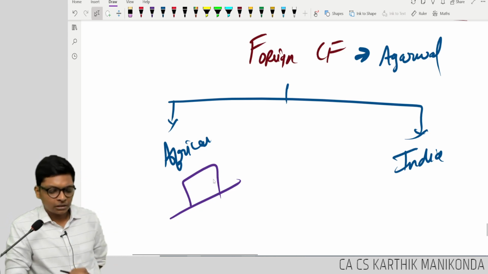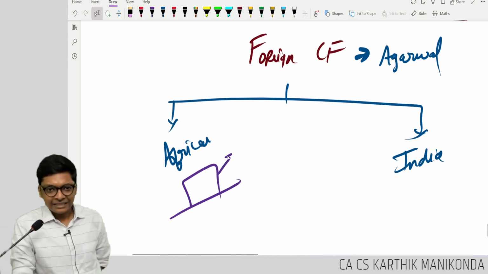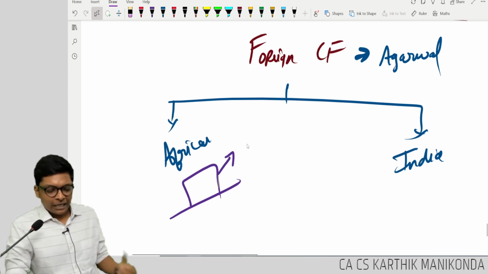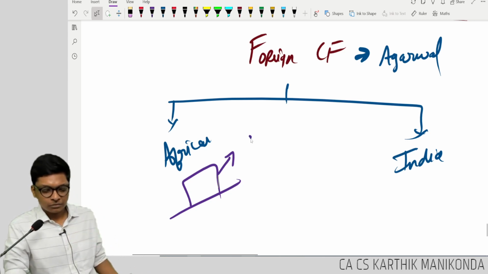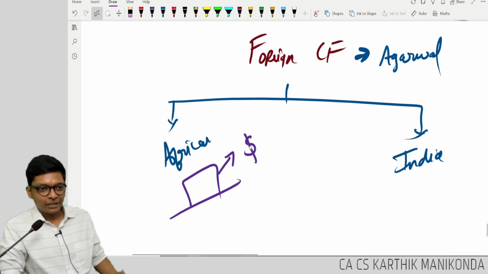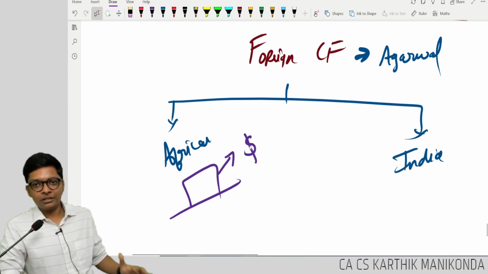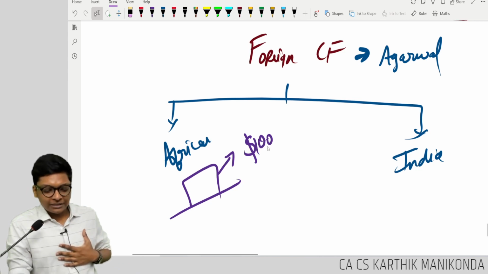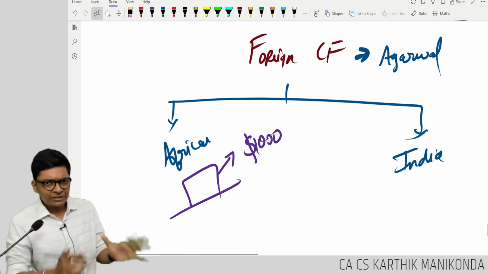Are you following, guys? Now, this asset in Africa, people are paying money. What is African currency, guys? I don't know. Let's keep it as dollars. Okay, in Africa, this machine is generating me $1,000 per year. So it's like an ATM.